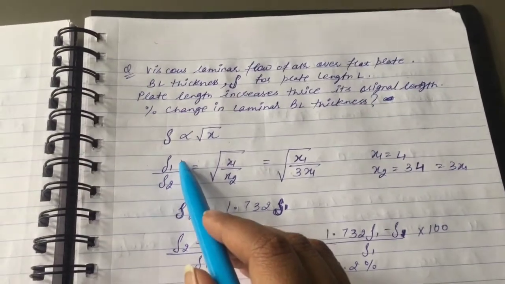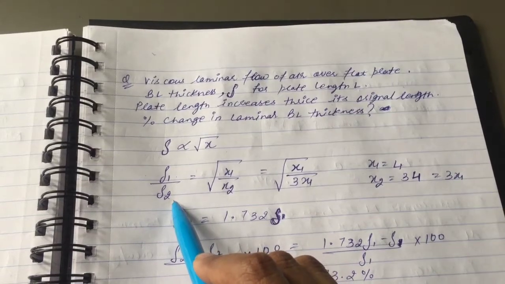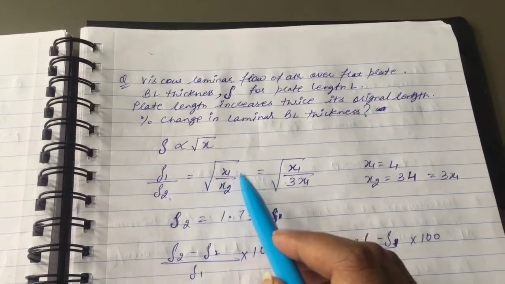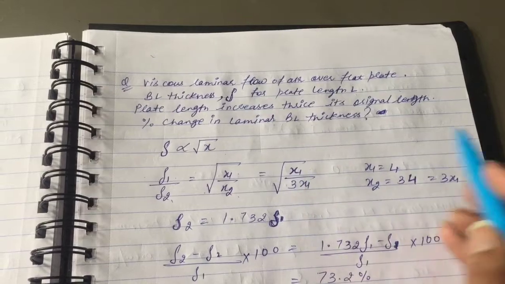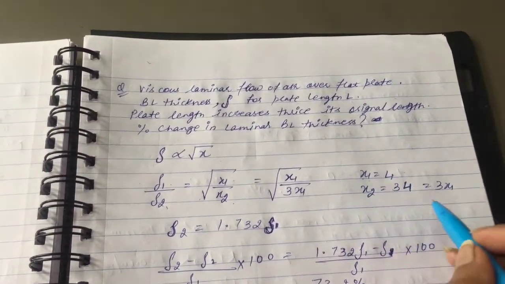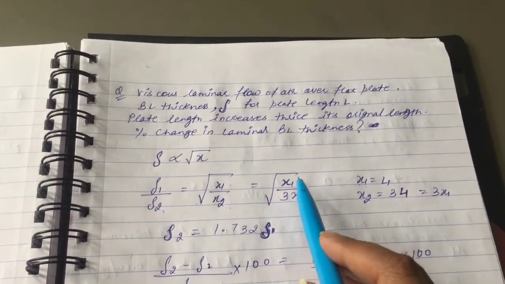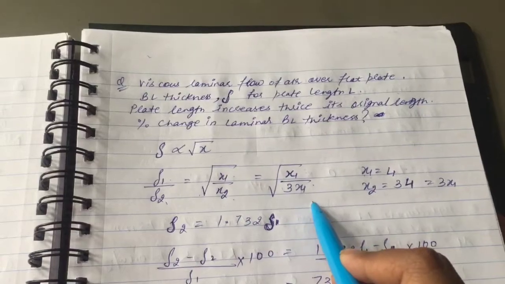So delta 1 by delta 2 is equal to root of x1 by x2, where x1 is length 1 and x2 is thrice of length 1, equal to 3x1. So it would be x1 by 3x1.